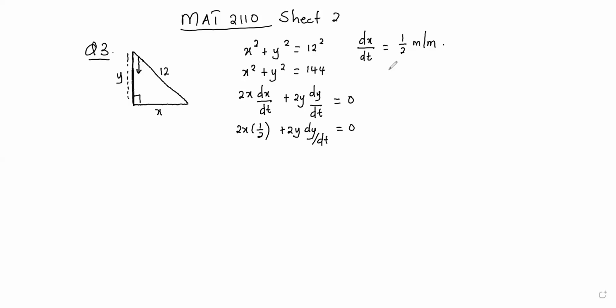Okay. So we make dy/dt the subject since we are looking for it. So these guys will cancel. So we'll have minus x divided by 2y, like that. You see?